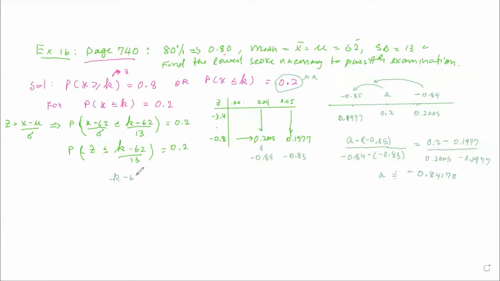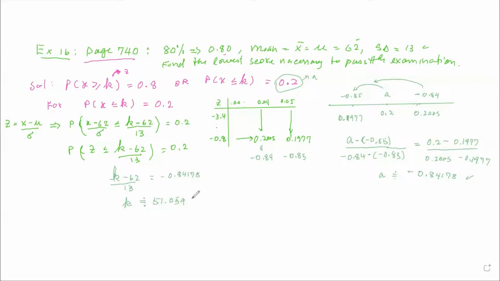So (K minus 62) over 13 equals negative 0.84178. And then you solve for K. K comes out approximately as 51.059.